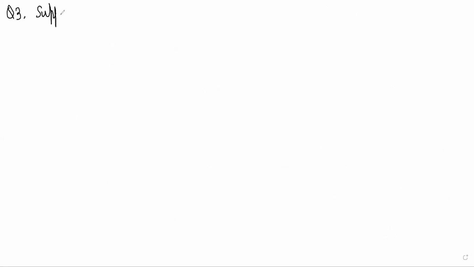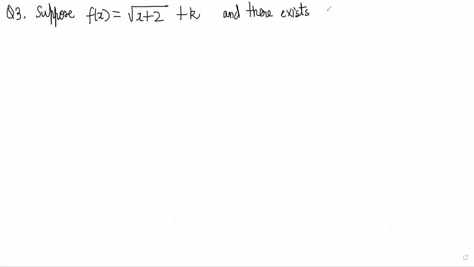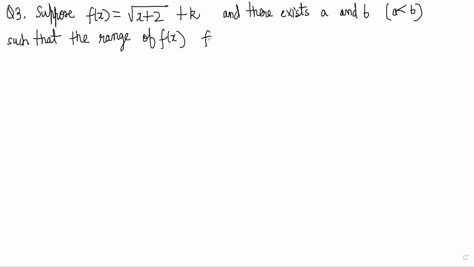Suppose f of x is equal to root over x plus 2 plus k, and there exists a and b where a is less than b such that the range of f of x for x belonging to a and b is a and b, the enclosed interval a to b.